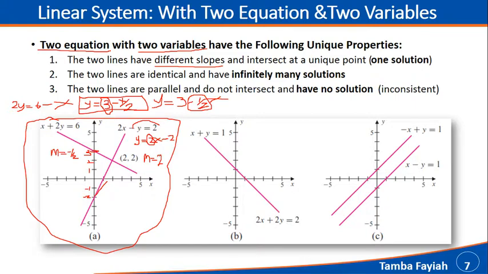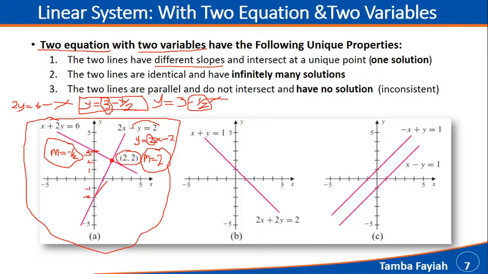Since the slope of line 2 is not equal to the slope of line 1, the two slopes are different, and so this system of linear equations has a unique solution at the point where the two lines intersect, and that particular point is (2, 2).